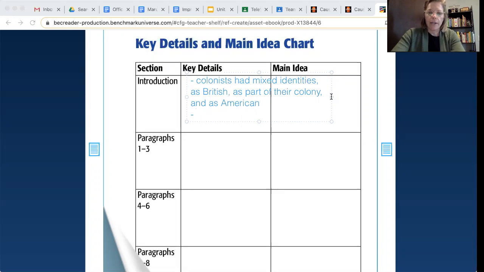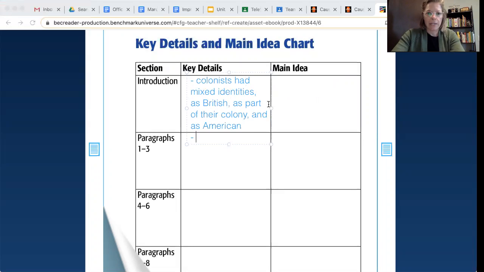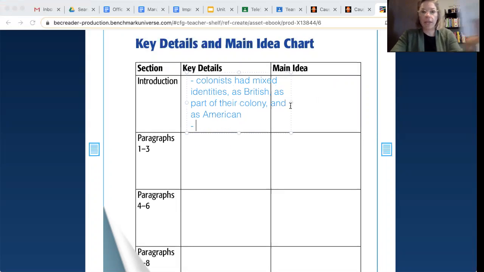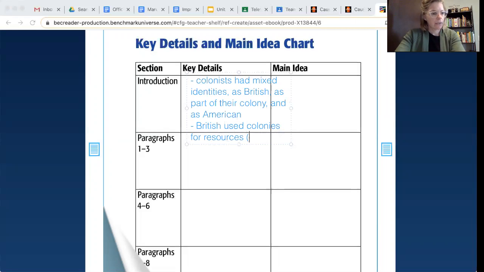And I had as another main idea that, and this really did fit in my box, I'm just typing it for you because this is backwards and small. British used colonies for resources, tobacco and sugar, but let them govern themselves. Govern, it's part of government, means they got to have their own government.